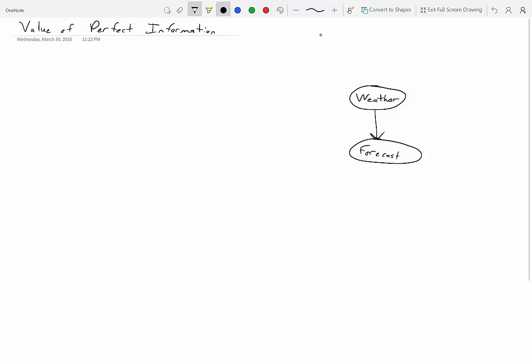Let's also say that you have an action that you can take, and the action is whether you bring an umbrella. And you get some utility, which we denote here as U, that depends on the weather and whether you bring an umbrella. So you can imagine if it's raining and you bring an umbrella, you get a high utility. If it's not raining and you don't bring an umbrella, you get a high utility. Otherwise, you might get a lower utility.